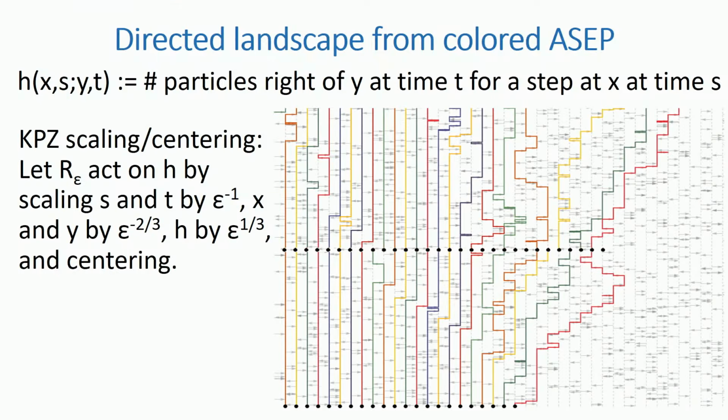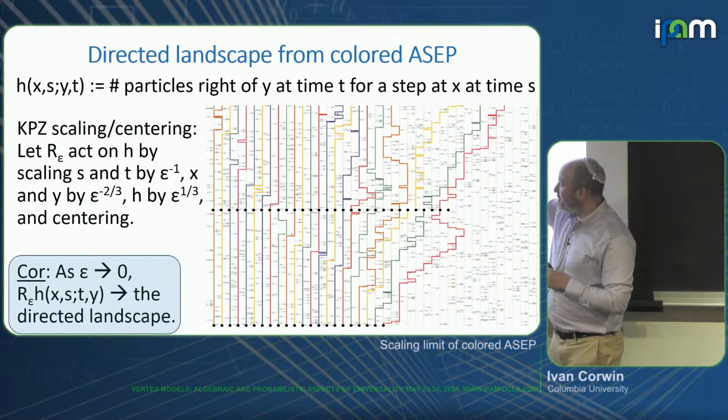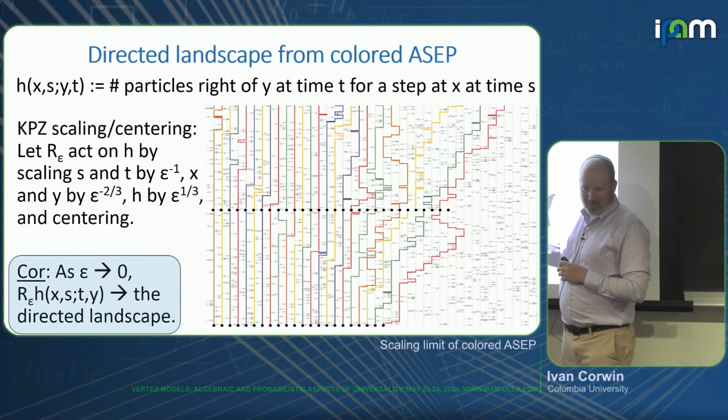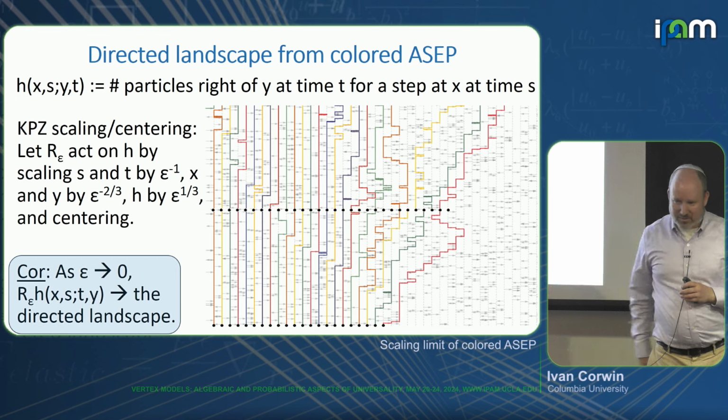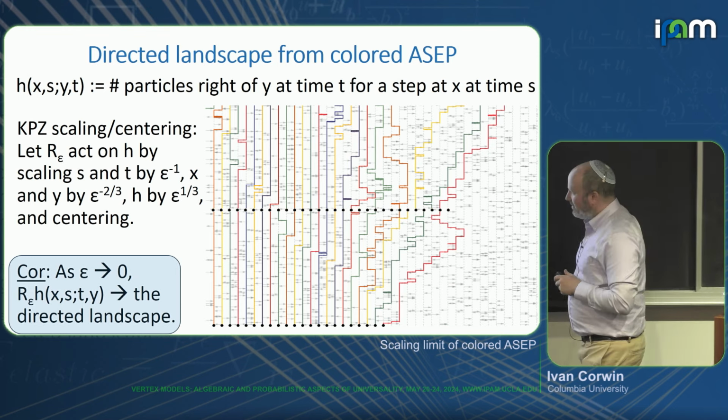And then the height function, around its centered parabolic shape, I scale by epsilon to the 1/3. If I apply this renormalization operation to this 4-parameter height field, then as epsilon goes to 0, it converges to the directed landscape. So the entire evolution of all steps over all time converges to a limit, which is identified in terms of these variational problems of the Airy sheet.